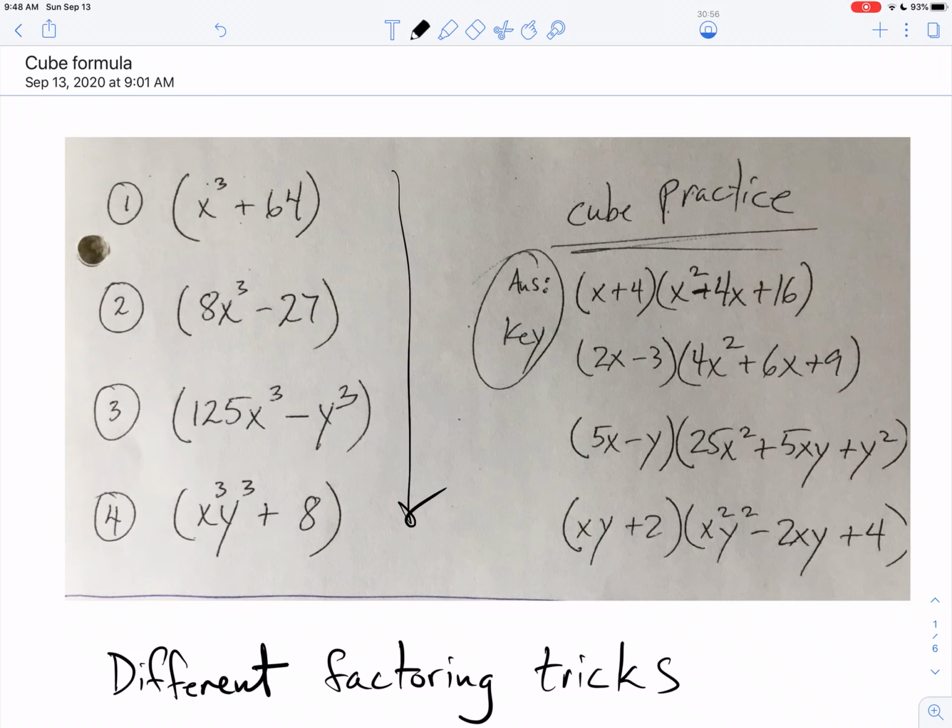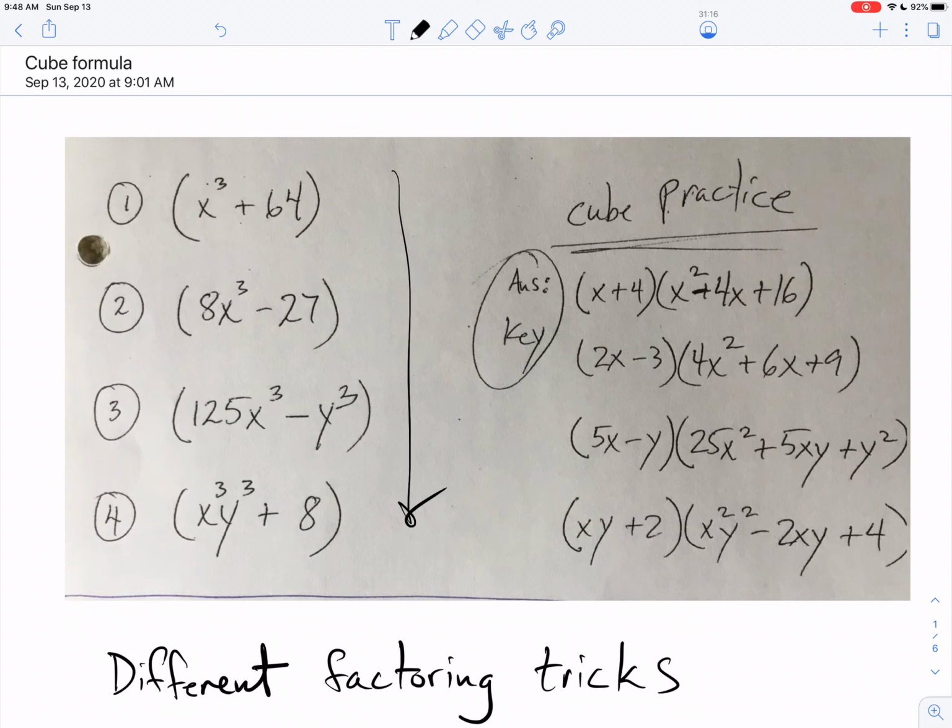But there's only 4 questions, so please do not turn this in to me separately. I am just going to ask you to turn this assignment in with the following one, which is going to be in the next video, okay? So you got 4 questions here just to make sure that you understand the practice.